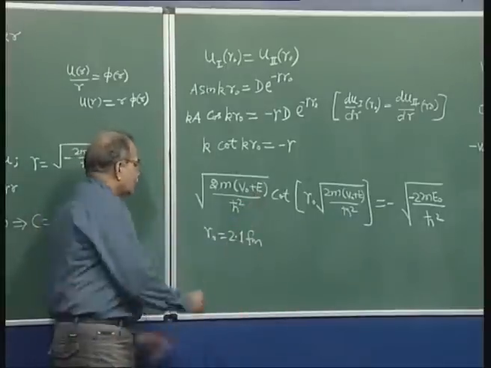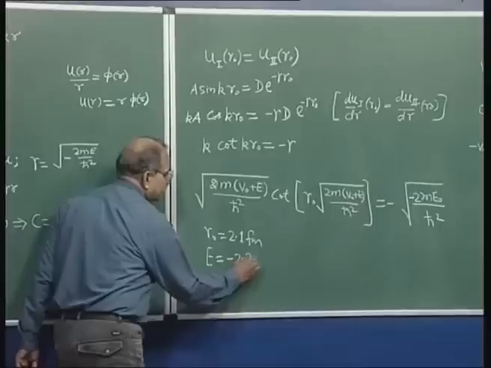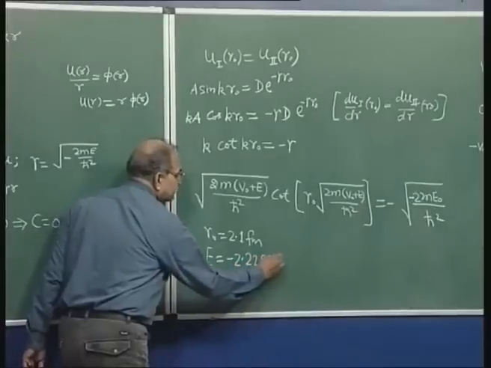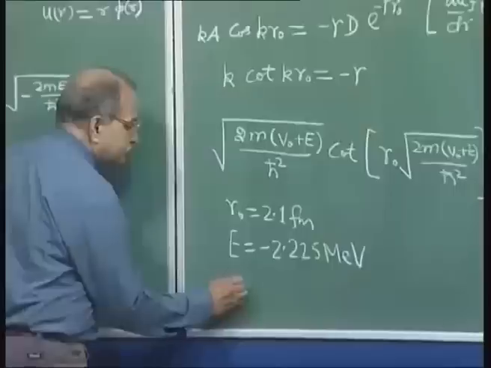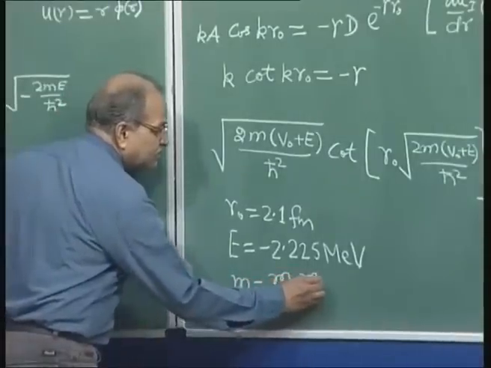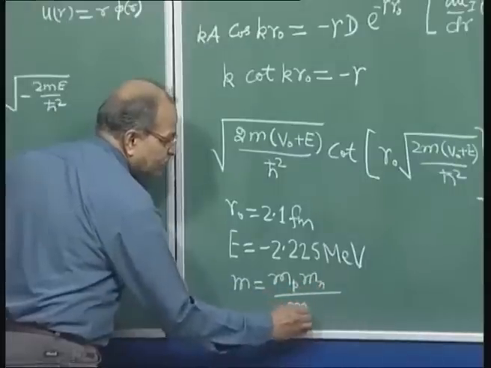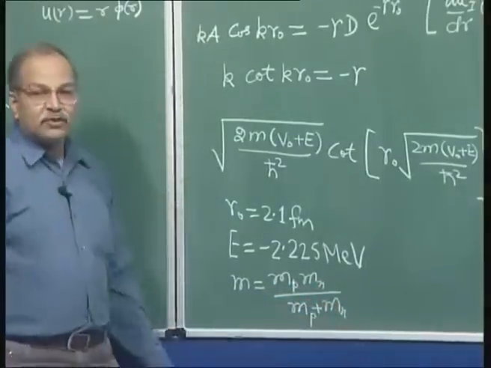E, from experiments I know how much E is? Minus 2.225 MeV. M, what is M? Mass of proton times mass of neutron divided by mass of proton plus mass of neutron. Reduced mass of these two.